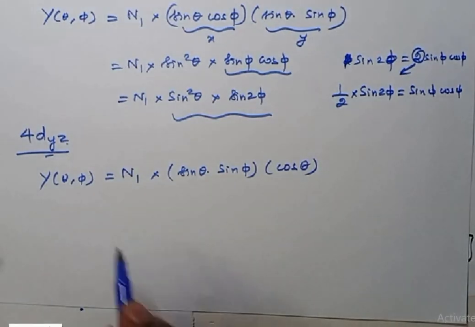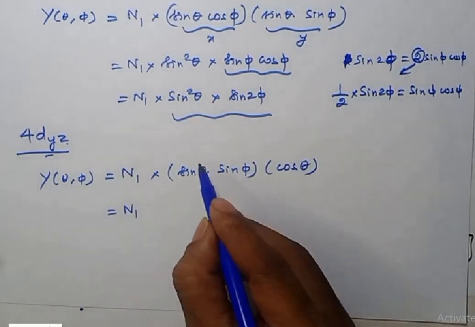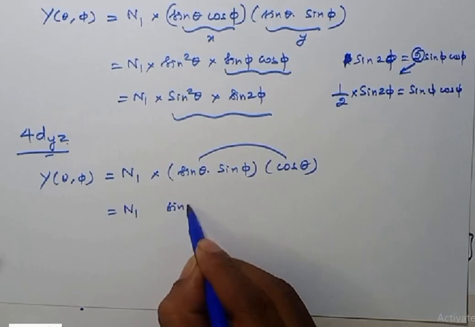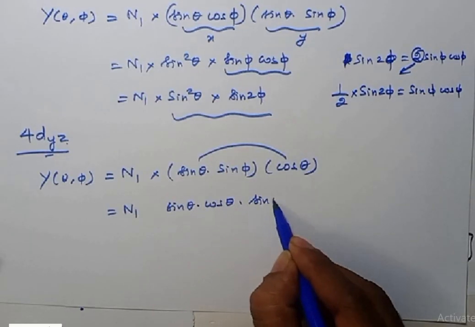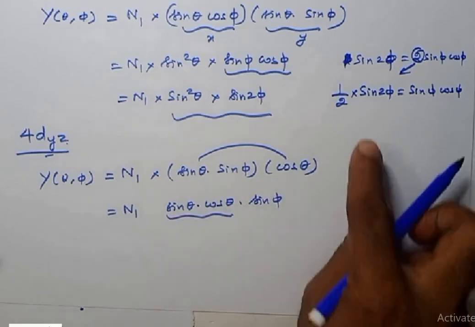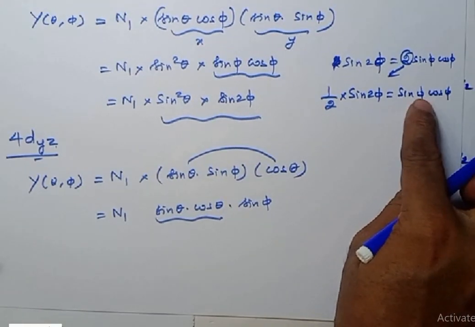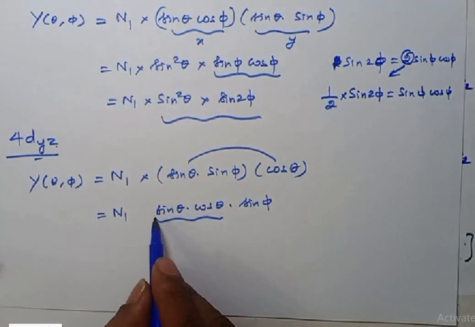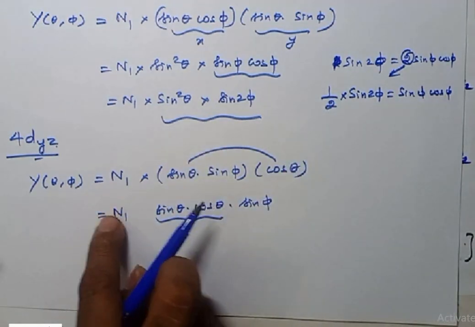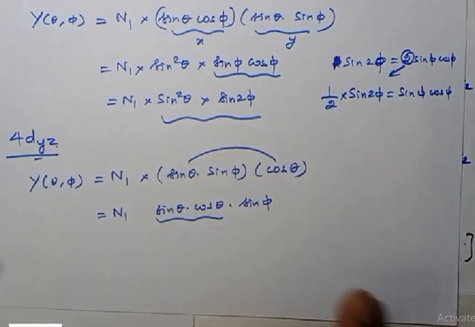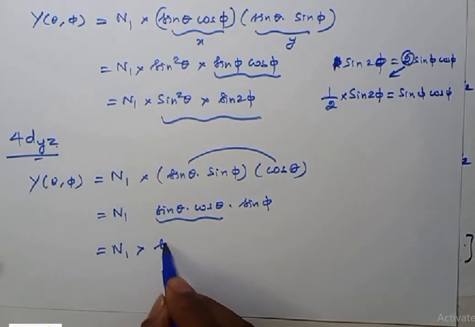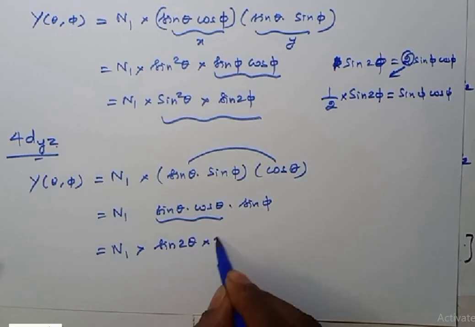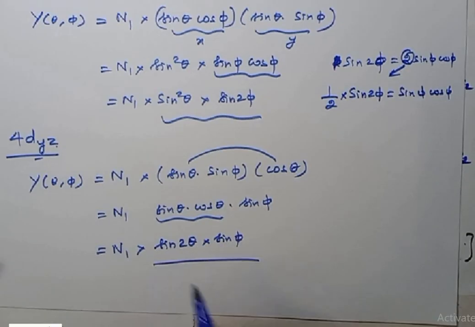Now n1 into, multiply these two, sine theta into cos theta, and keep the sine phi as it is. Sine theta into cos theta you can write like this, sine 2 theta. Don't worry about this 1 by 2 because 1 by 2 is added in the normalization constant. So, n1 into sine 2 theta into sine phi. This corresponds to dyz orbital.